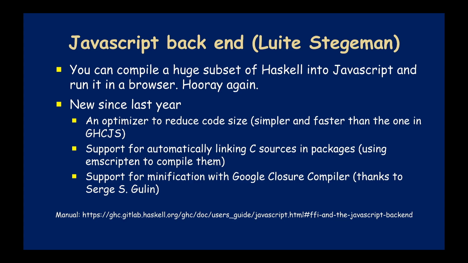So I didn't want to replicate that in GHC, and so we have a much simpler optimizer that works almost as well, but it does not use fixed point iteration or anything. It's simple and it's much less buggy. And also, if you have C sources in your Cabal packages, they will get automatically included in the build artifacts that you get out of the JavaScript backend.